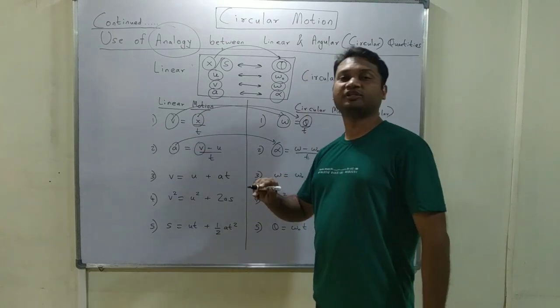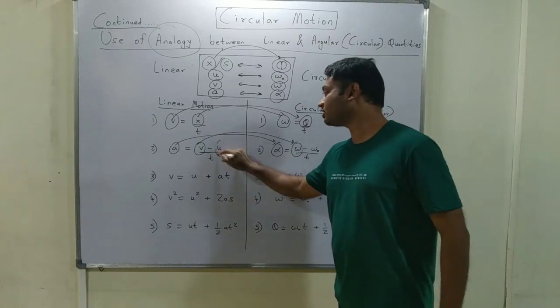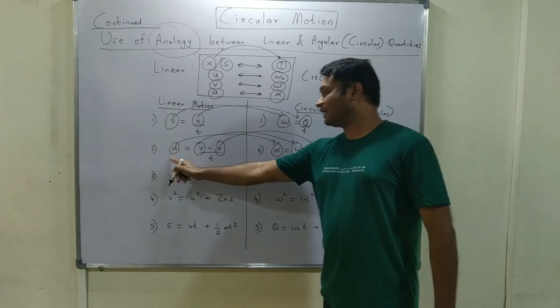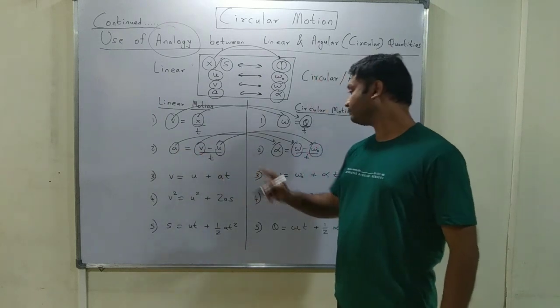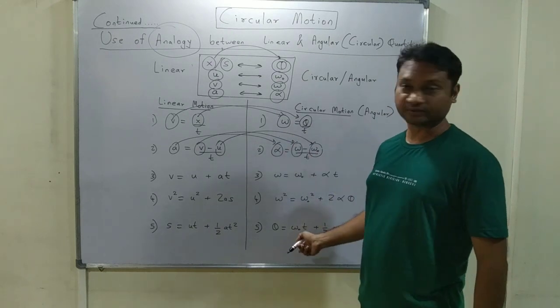Instead of final velocity, we have final angular velocity. Instead of initial velocity, we have initial angular velocity. So acceleration is v minus u upon t becomes angular acceleration is omega minus omega naught upon t in circular motion.